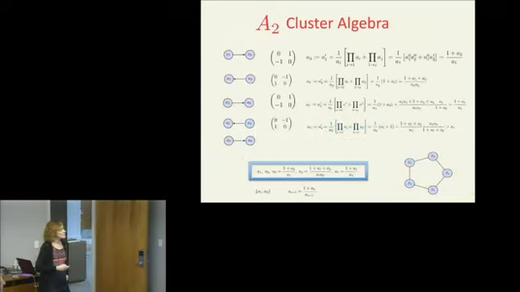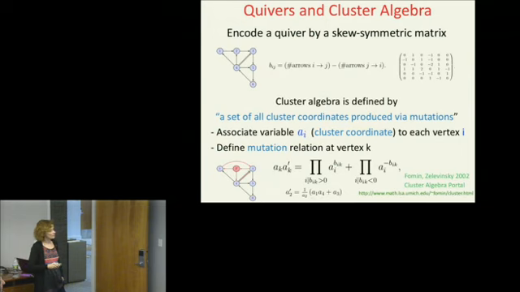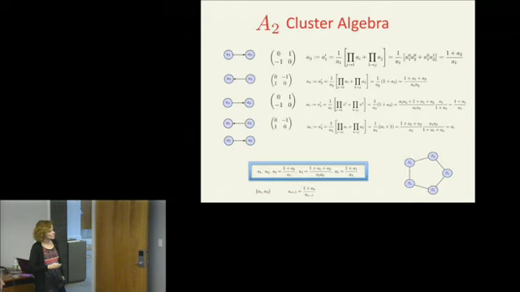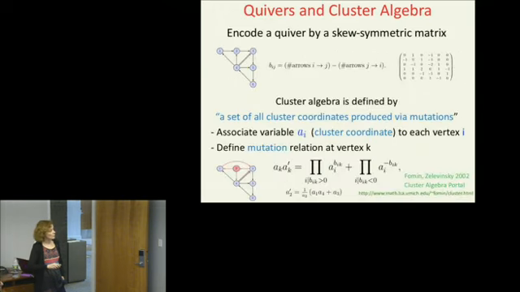For example, let's take this A2. We start with a quiver like this. You see an arrow from 1 to 2. So B_ij is defined as either 1 or -1, depending on the arrows. So the matrix B would be something like that. Then we apply this formula.